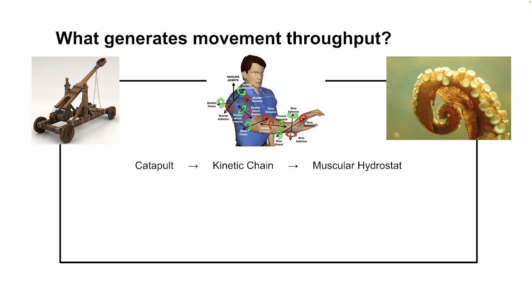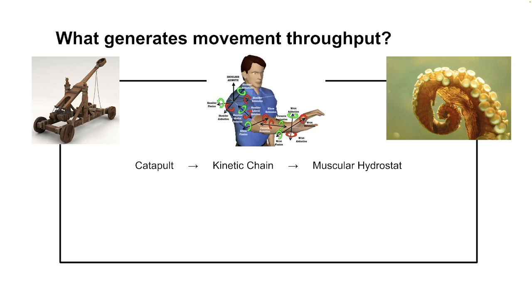And then finally, we have the muscular hydrostat, which is something we find in octopus. And the muscular hydrostat are a series of little muscle ganglia that are joined together. And they all articulate independently, kind of like the kinetic chain example of the human arm, where you have different degrees of freedom at different joints.